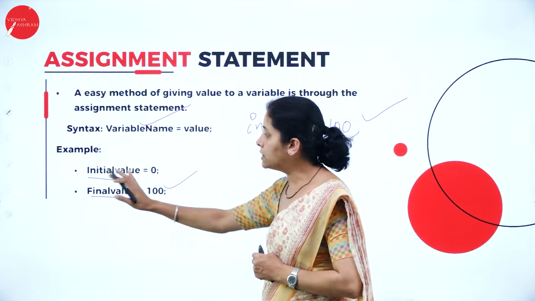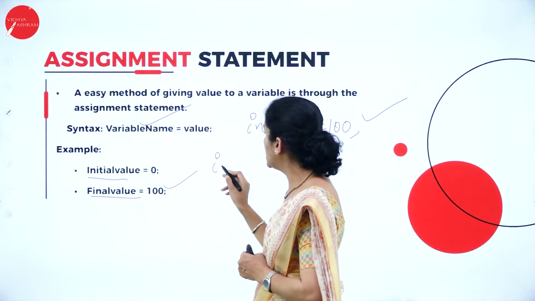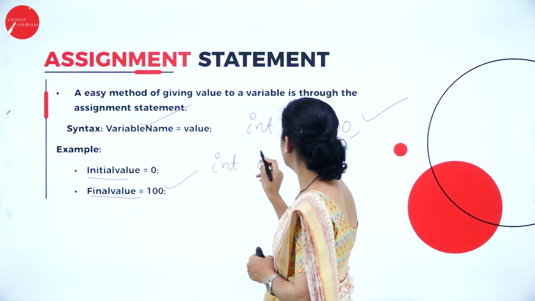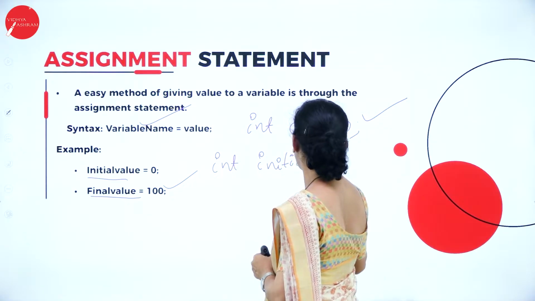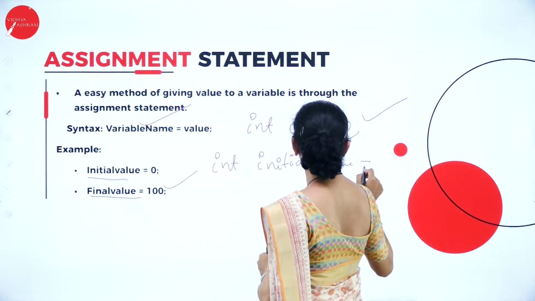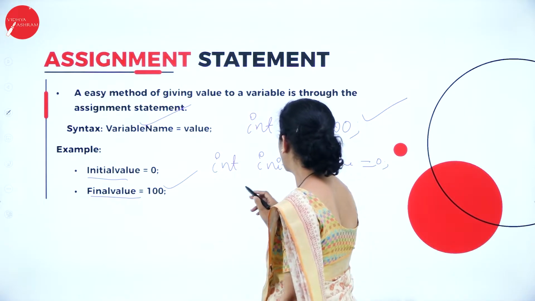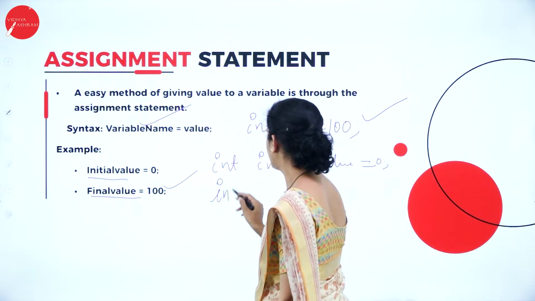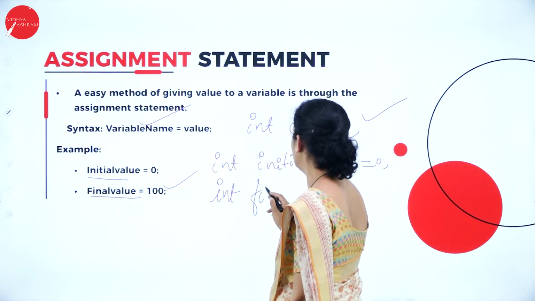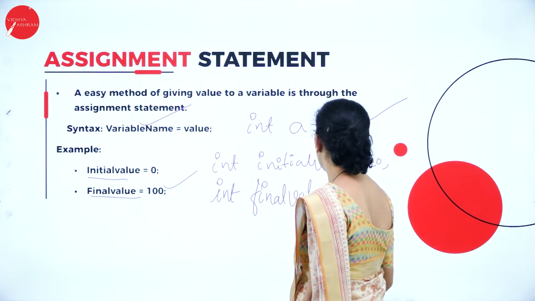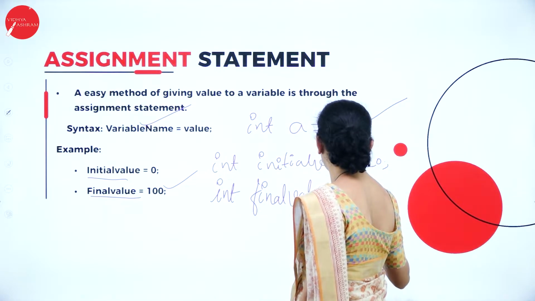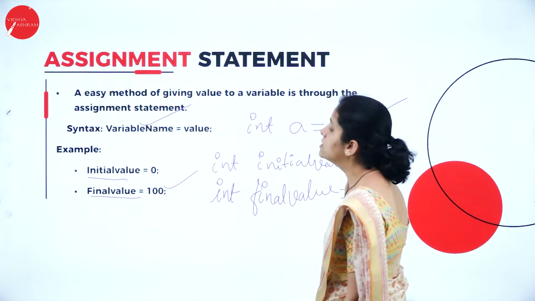Now another method, with the data type, directly I can write int initial value equal to 0 and int final value equal to 100. So both are the same.